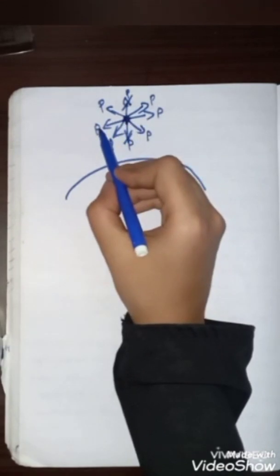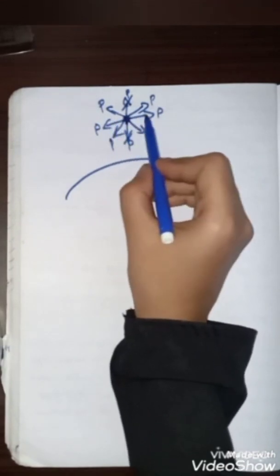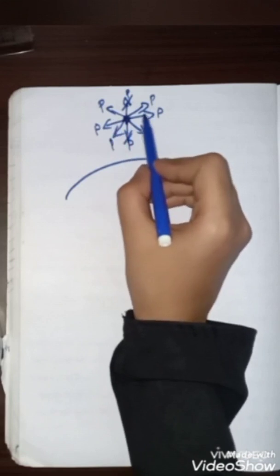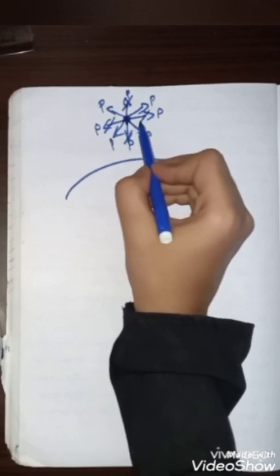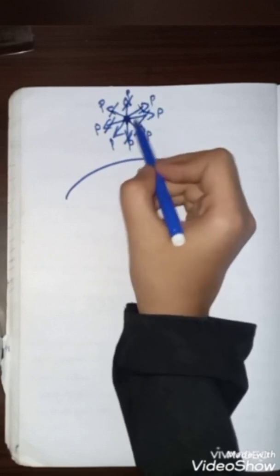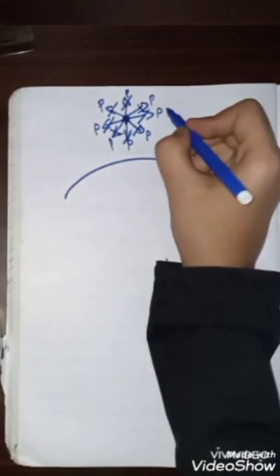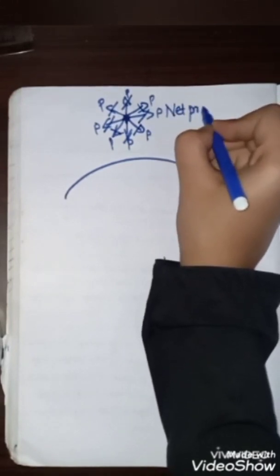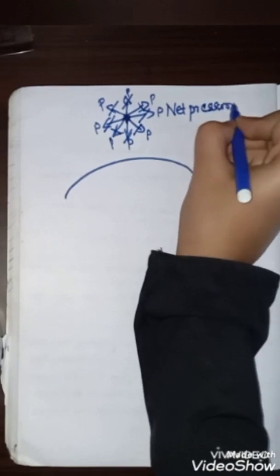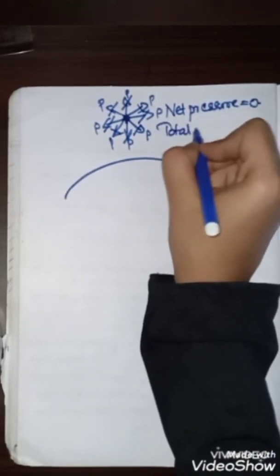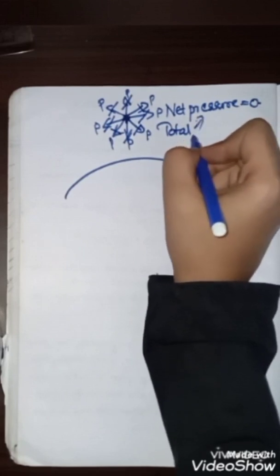Similarly, here also the same pressure is applied in the opposite direction, so they will be cancelled, and this P also gets cancelled. So here the net pressure, the total pressure, is equal to 0.